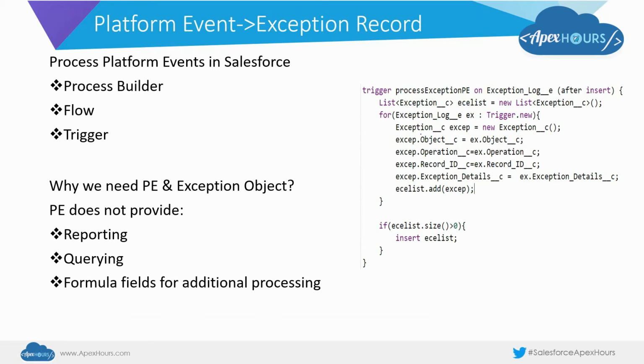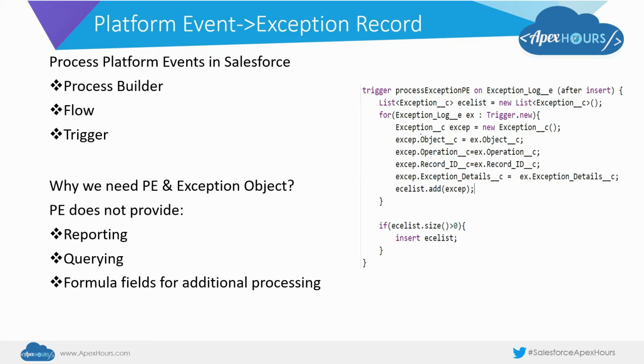So you might be thinking, if we have a platform event which has almost the same fields as an exception object, why do you still need the exception object? You could just utilize the platform event instead. But the reason is here. The platform event does not support many of the operations that we are looking for, like reporting and executing queries.